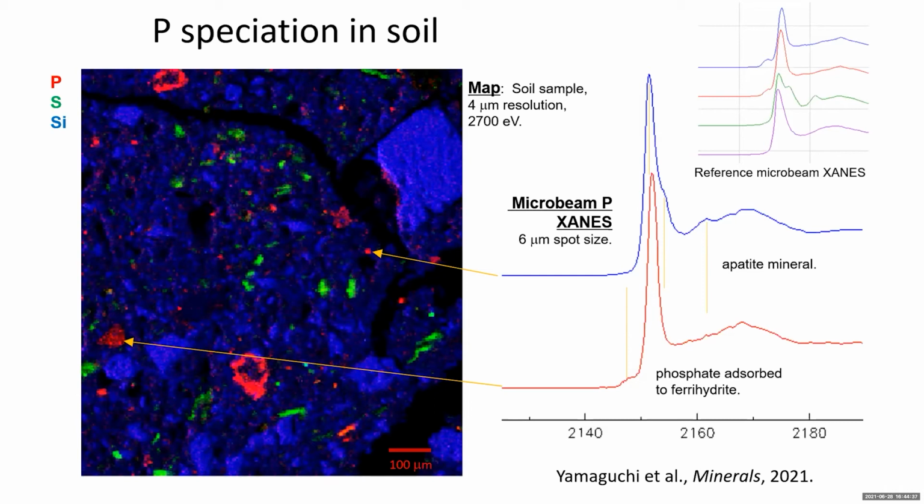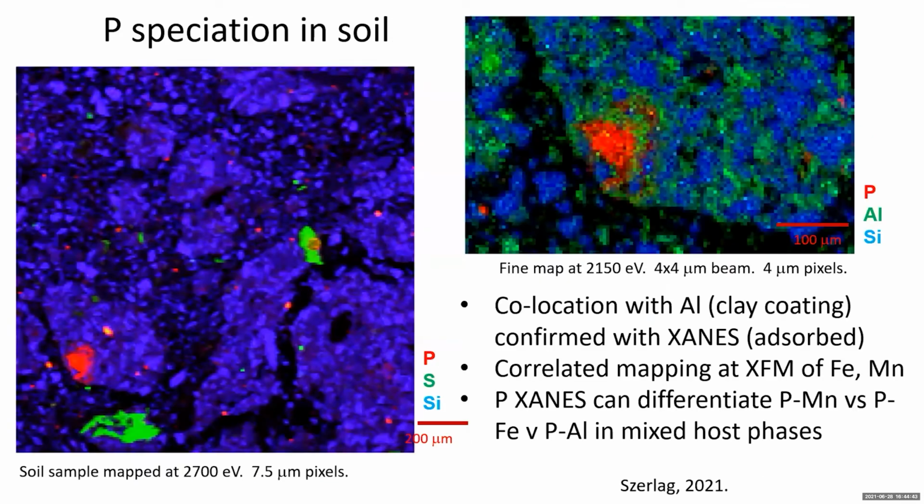In another example, there's a large map to the left and then the close-up of one spot on the right. And this shows that there's a co-location of phosphorus with aluminum, which is a clay material coating a silicate grain. And this was confirmed with phosphorus XANES, which showed that it was phosphate adsorbed to an aluminum mineral.